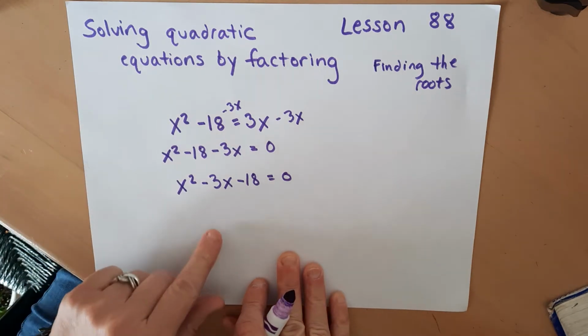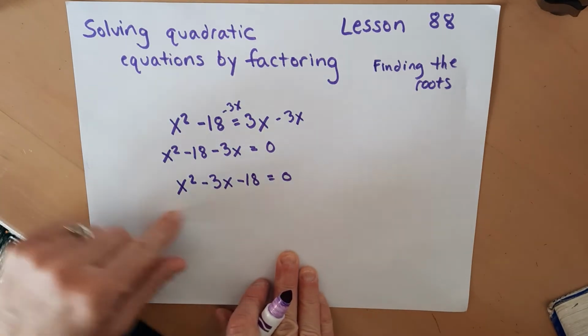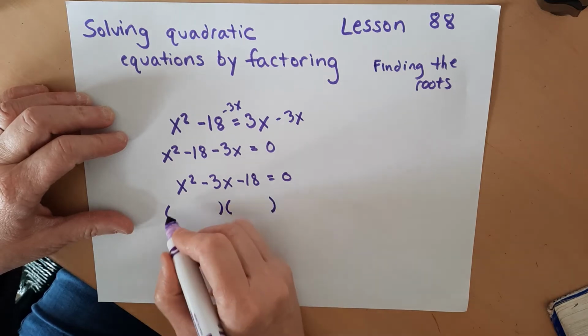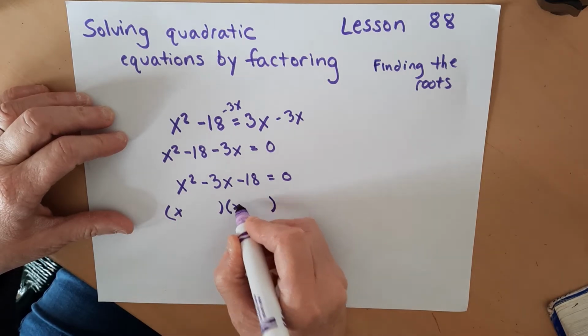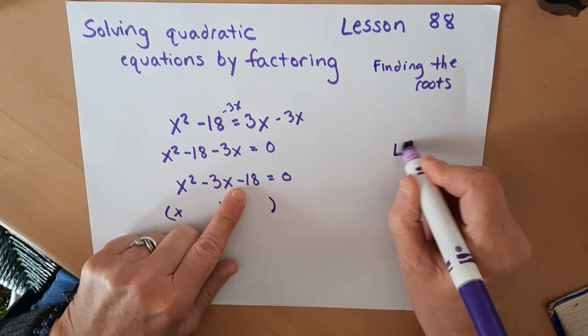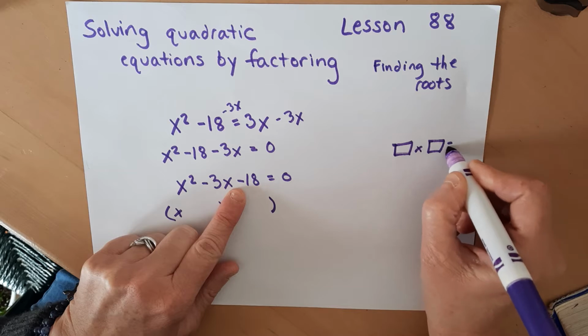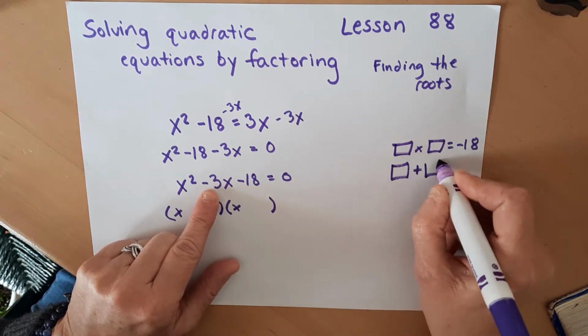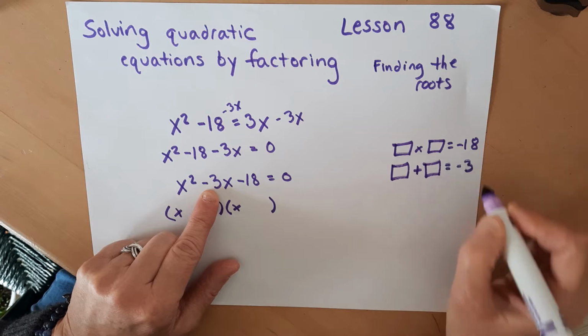Now we just factor this side of the equation like we've done so many times. We put an x in each set of parentheses. We look at this last number and think of two numbers that, when multiplied together, give us negative 18, and when those same two numbers are added together, equal negative 3.